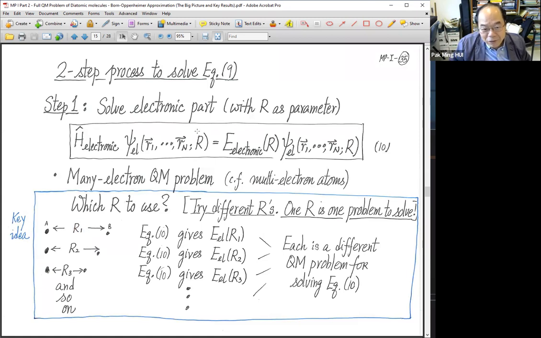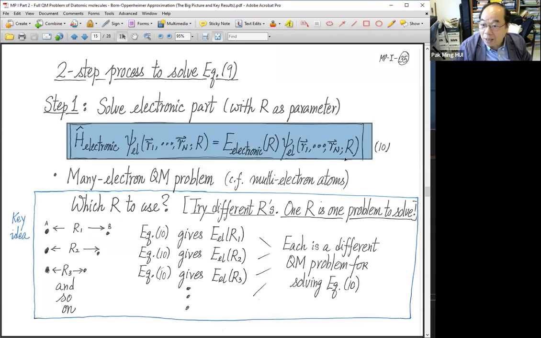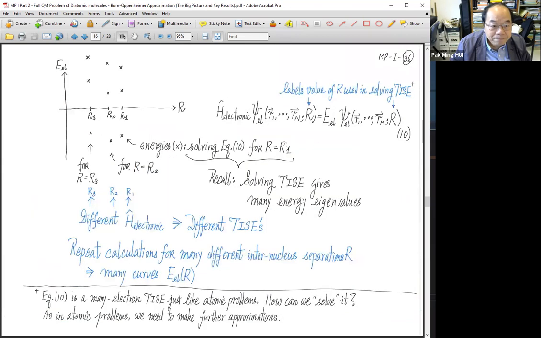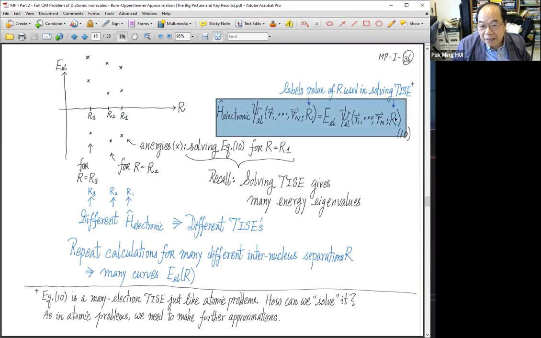But once you give a separation R1, equation 10 is one Schrödinger problem to solve for the electrons. So you do that for R1, 4 angstrom for example, you solve equation 10.